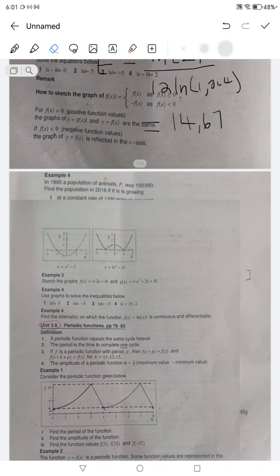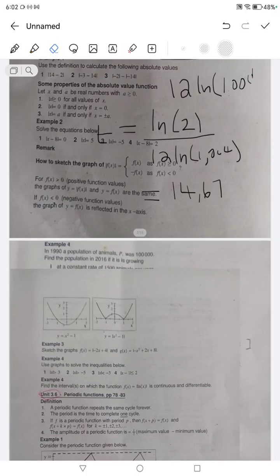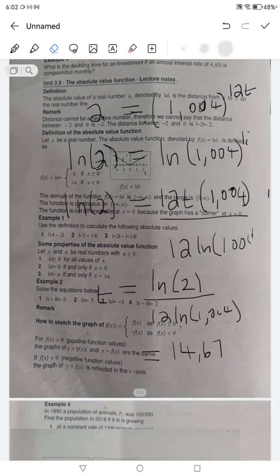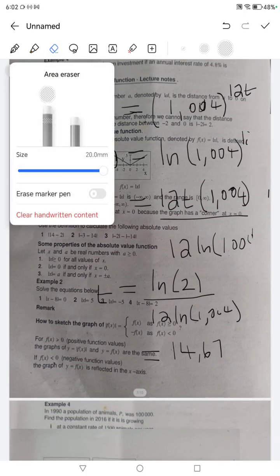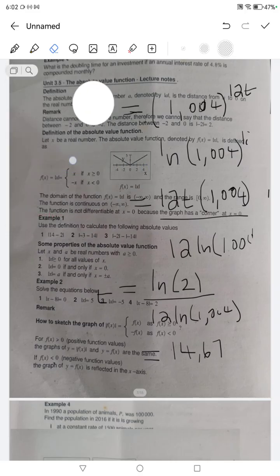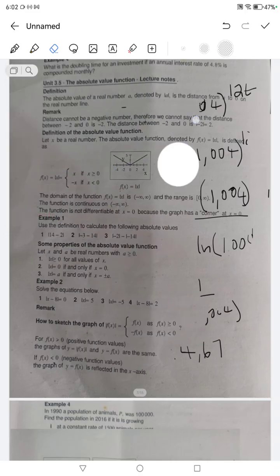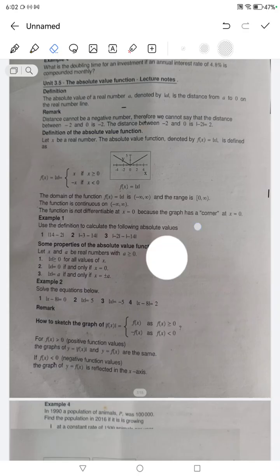You use your 0.85 together with whatever information is given, then you find your unknown. Okay, so now we get to the absolute values. Then after the absolute values, we get to 3.5, then 3.6.